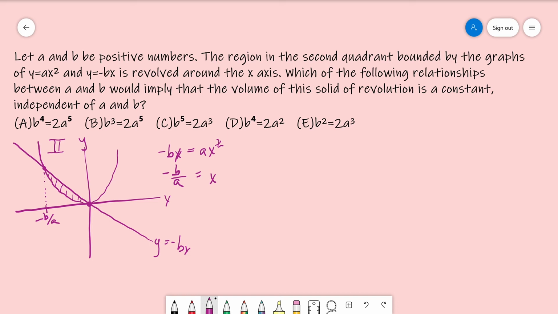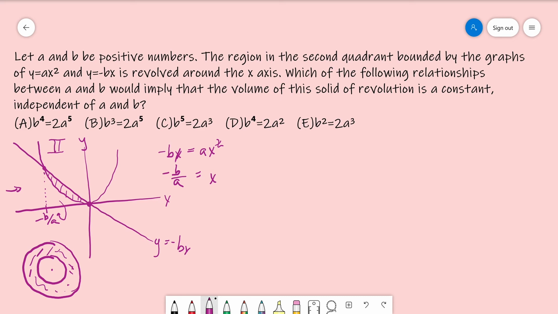Okay, now, how do we find the volume of a solid of revolution? Well, I'll just remind you that there's something called the washer method. If you imagine rotating this around the x-axis, then if you look at the result from the side, like from over here, you'll end up with a washer, and this is the area where the solid is.